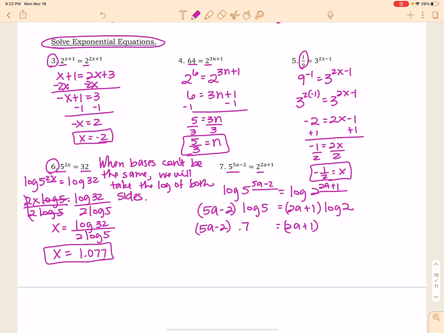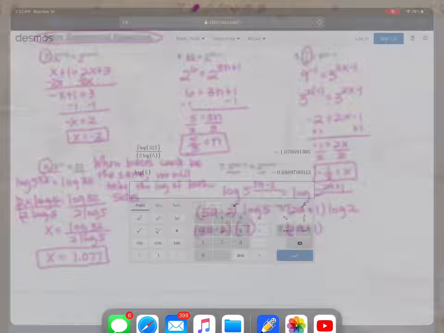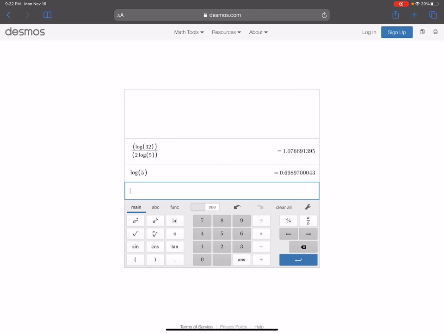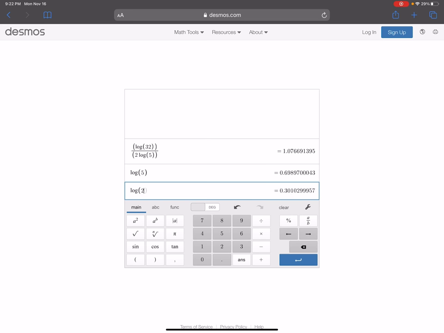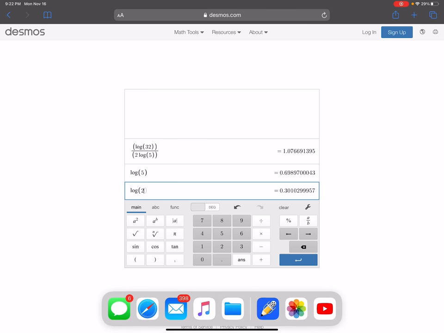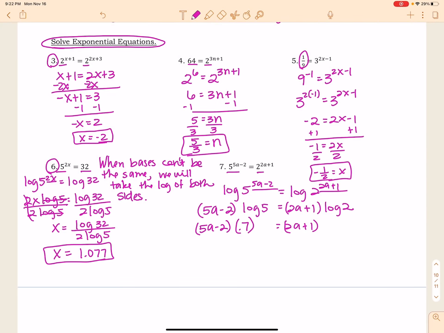So 0.7 is what I'm going to put right there. And now I'm going to find log of 2. Just for consistency, we'll round it to just 1 decimal as well, so 0.3. That just made our lives so much easier, right?